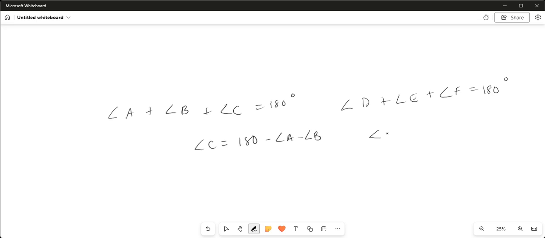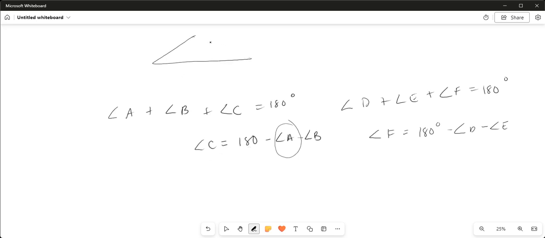So that third angle on the first triangle is C, and on the second triangle it's F. So angle F is equal to 180 minus angle D minus angle E. And then we're going to replace A with its equivalent, which is angle D. And we know that because of the tick marks.